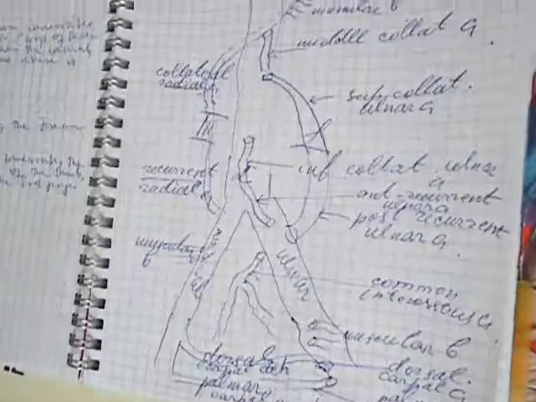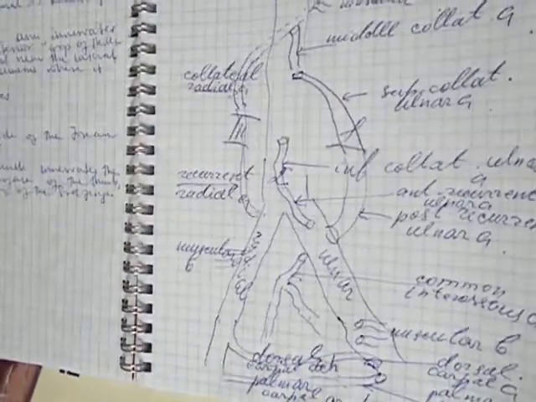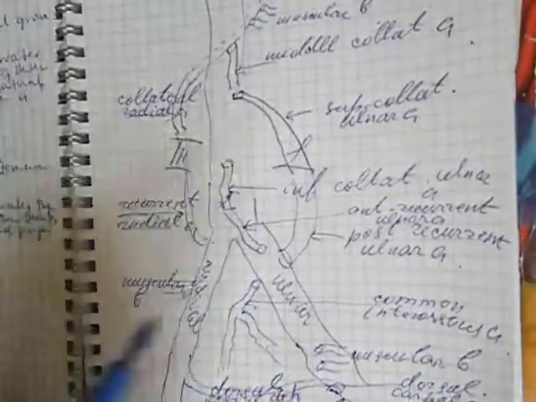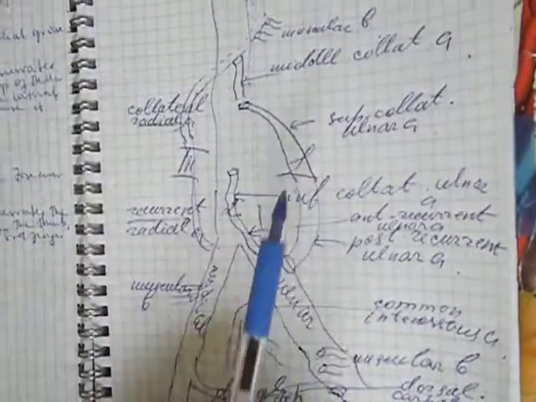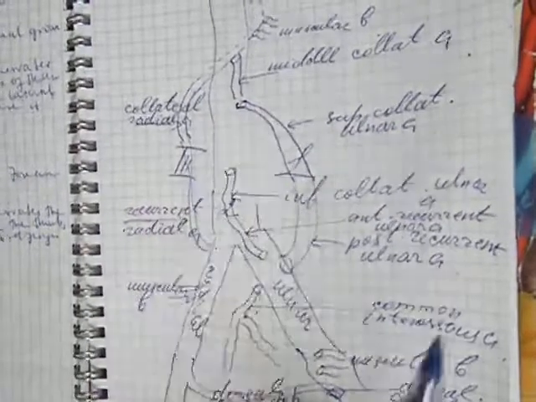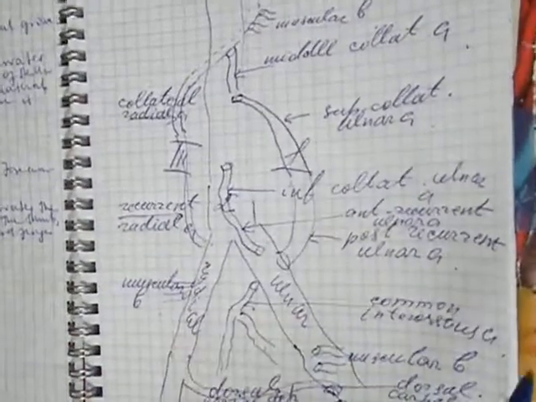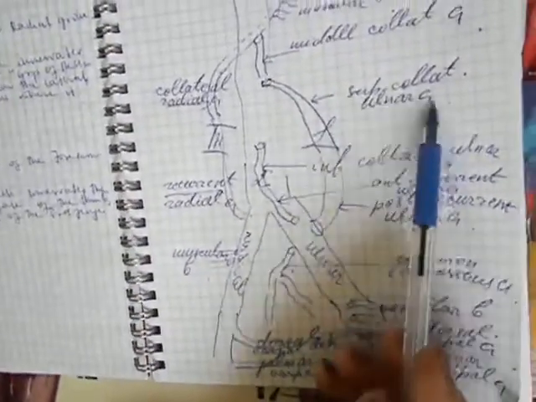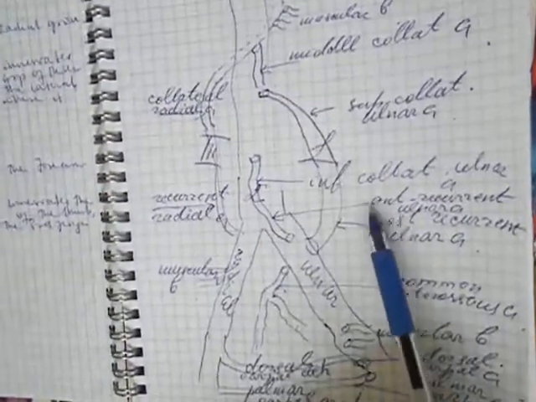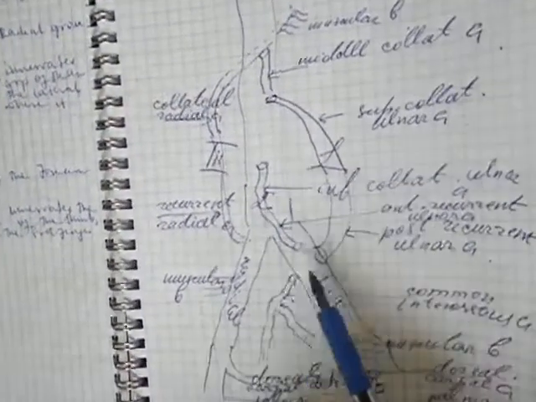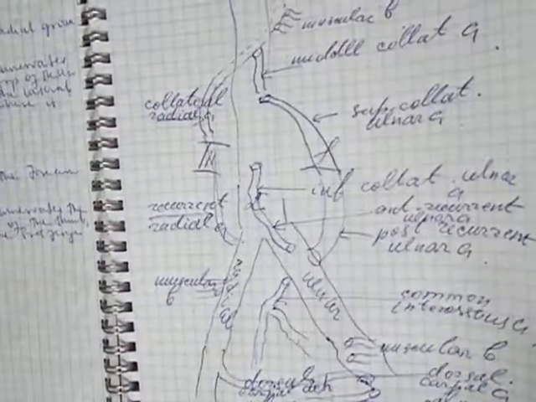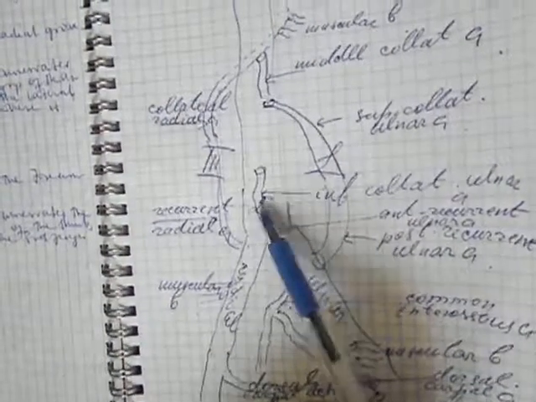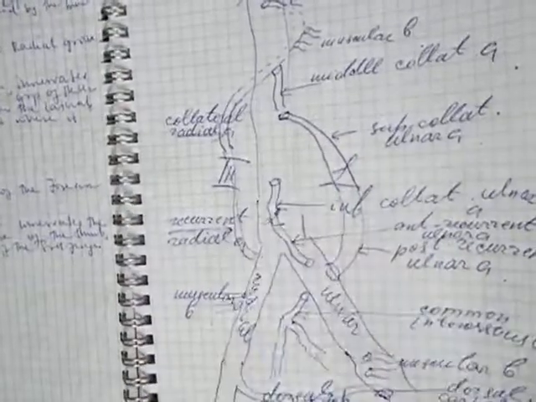If the question is arteries of the elbow joint, you answer: elbow joint is vascularized by three anastomoses. The first anastomosis is formed by superior collateral ulnar artery, branch of the brachial, with posterior recurrent ulnar artery, branch of the ulnar artery. Next, second anastomosis. Next, third anastomosis.